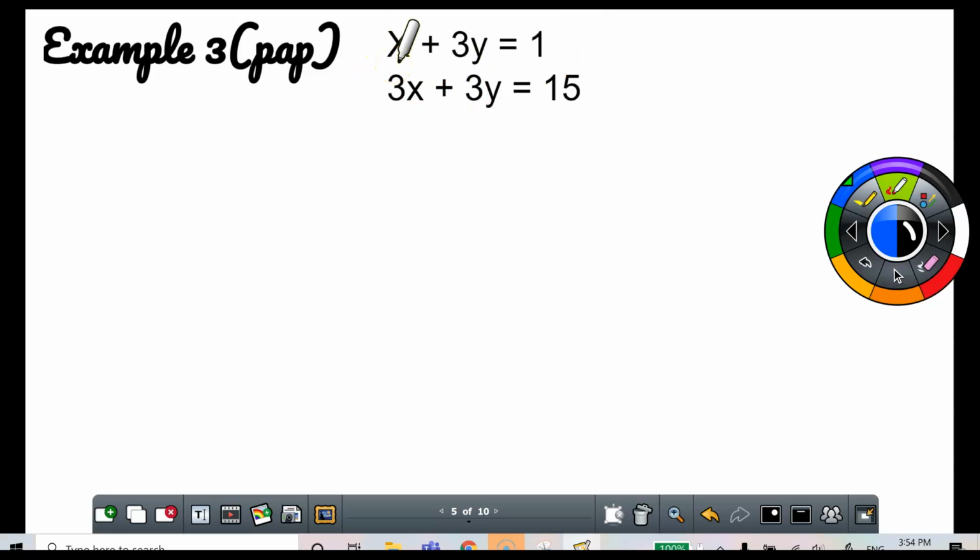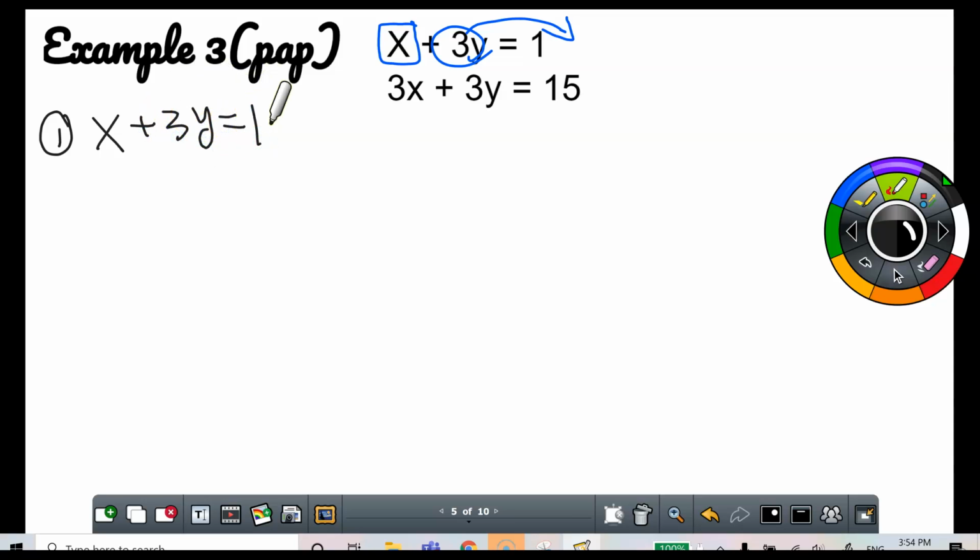So here's the first equation. Have a single x. So if we get rid of this part and move it to the other side, we have x equals something. We can represent x by something, right? So here for the first equation, let's write it in the standard way. So x plus 3y equals 1. I want x equals something. So get rid of the positive 3y and minus 3y.